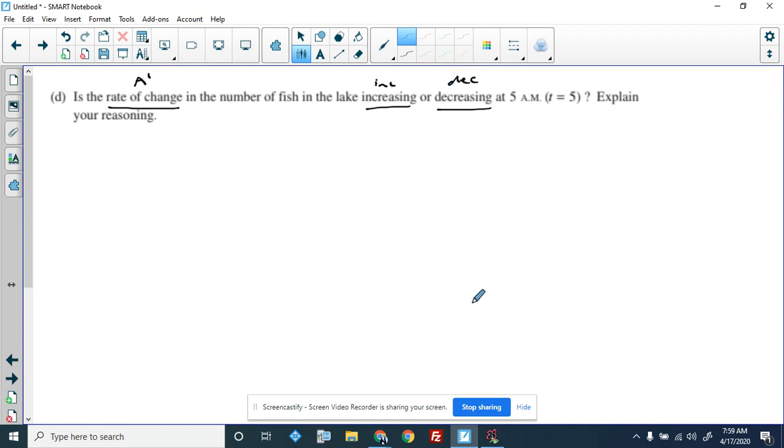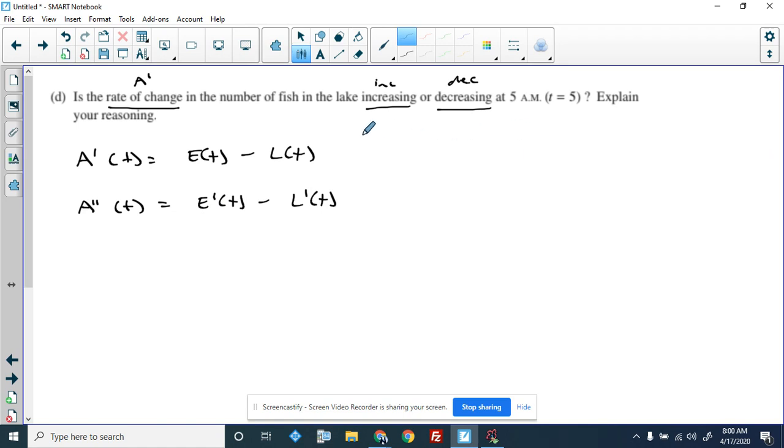So what's that common concept? The function is increasing if its derivative is positive. So if I want to find out when this function is increasing, then I have to look at its derivative. Now remember, this function, based off of what we did before, was E of t minus L of t. It was that net rate. So if I want to know if that is increasing or decreasing, I have to look at the derivative of that, which should be E prime of t minus L prime of t.